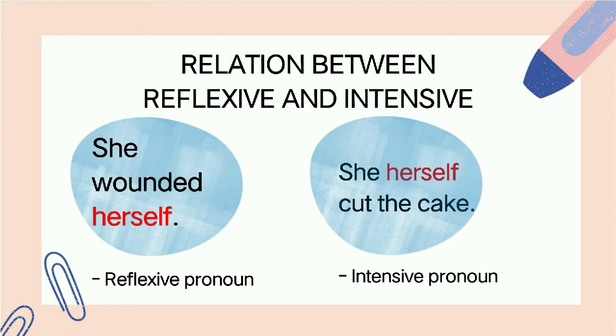She herself cut the cake. In the first sentence, she wounded herself. She is the subject, wounded is the action she's doing, and herself is the reflexive pronoun that is referring back to the subject, that is the girl, she.